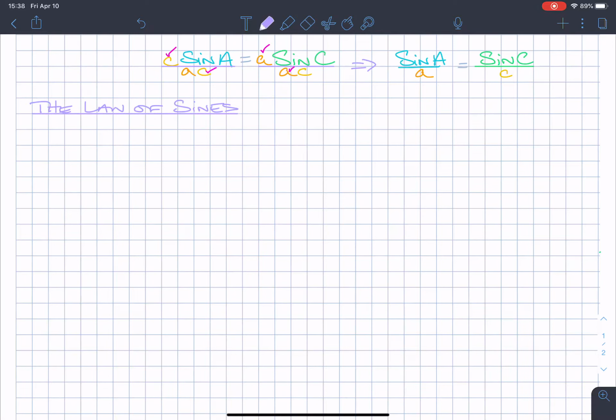Okay, so let triangle ABC with opposite sides little a, little b, and little c be given.